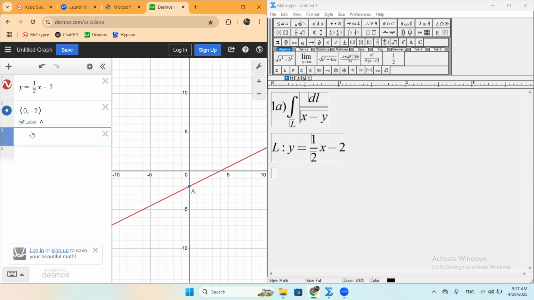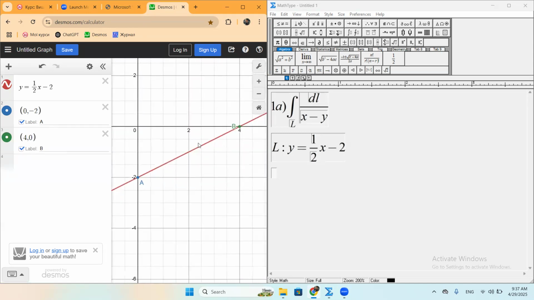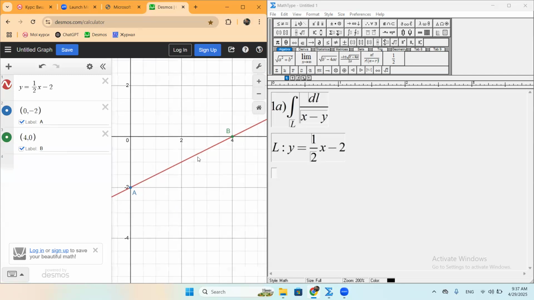So according to these points, we will define limits of integration. As we can see from the graph, x changes from 0 to 4.